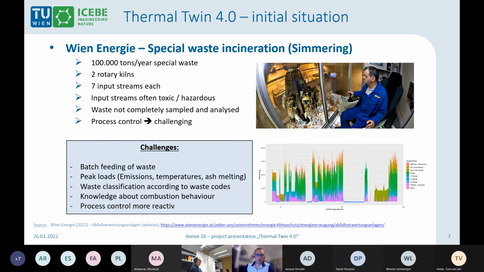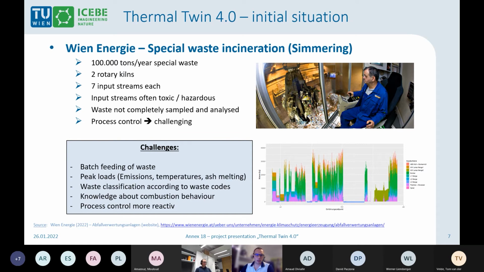These 7 input streams are very heterogeneous waste streams, and these are often toxic and hazardous. Therefore, it's not really doable to make a complete sampling and analysis. So it's a kind of surprise what's coming into the rotary kiln, which makes the process control really challenging.